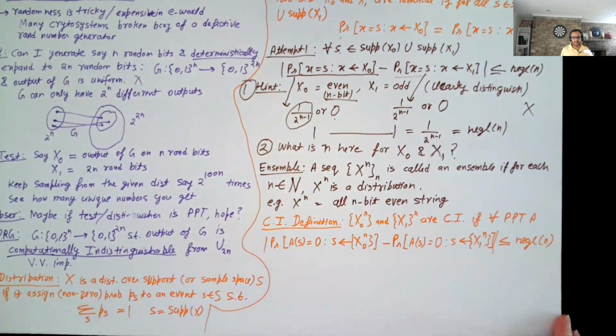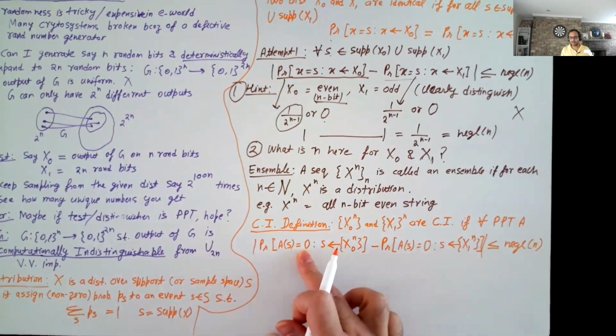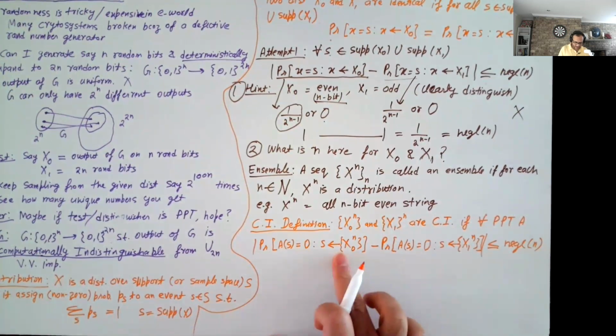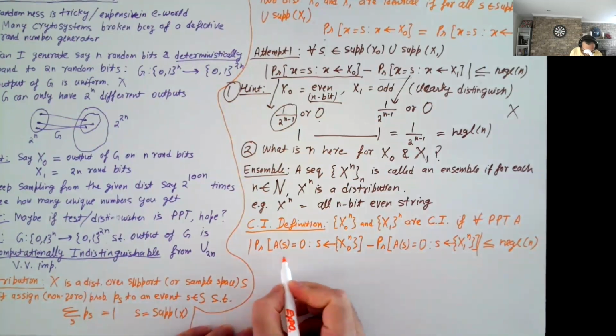Now let's look at this equation. The probability that A(S) outputs something specific, let's say 0, remains the same whether it was given this type of input or it was given this type of input. That's a more convoluted, or maybe less natural, way of saying that the output of A doesn't change if you change the input, which essentially means that A is unable to tell the difference between inputs of the first type and inputs of the second type.